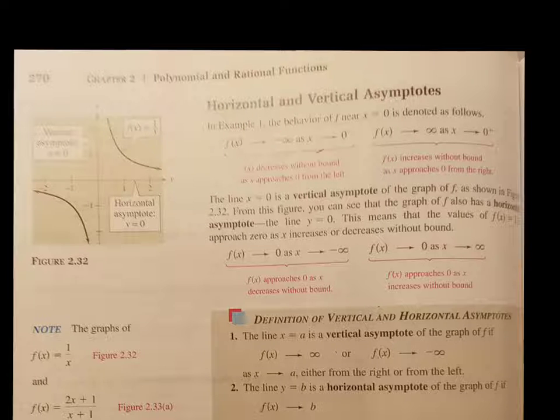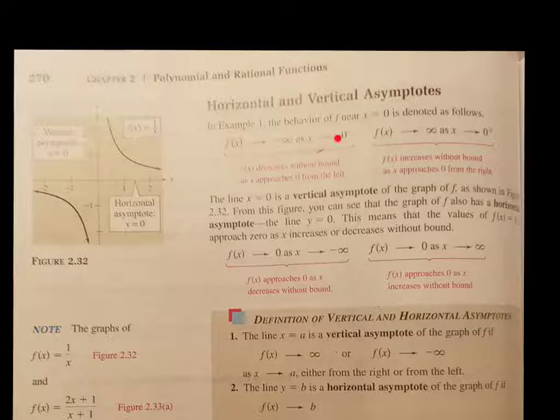This is pretty simple to understand, but it's kind of an advanced notation situation. So they're saying, let's look at our function as x approaches 0 from the left. That means we're coming along the x-axis from the left, getting closer and closer to where x is 0 right here. As we do that, notice that the y values shoot way down into negative infinity.